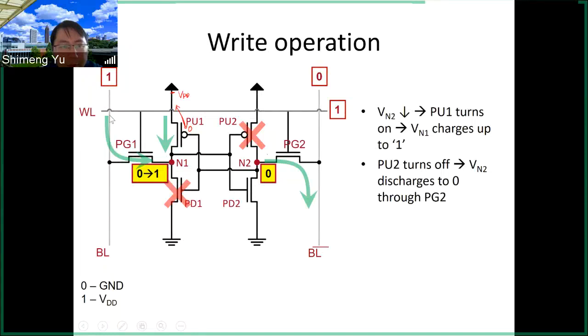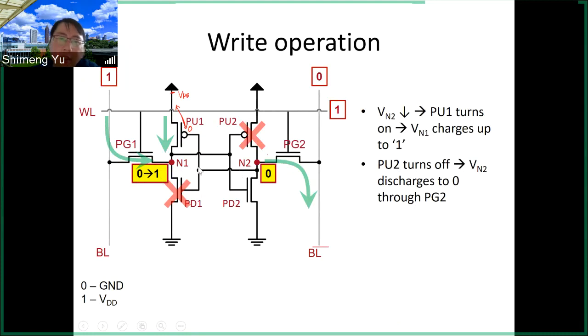Because previously the current through the PG1 only will not charge up N1 voltage. But now you have additional current from the PU1, so the N1 voltage will further charge up. That's why the N1 can flip from 0 eventually to VDD. So you finish the transition. Now N1 switches from 0 to 1.